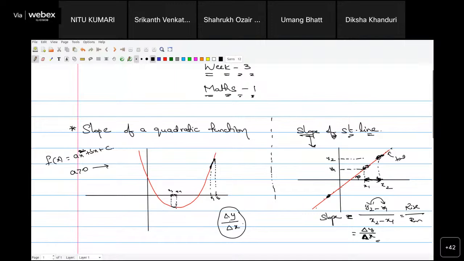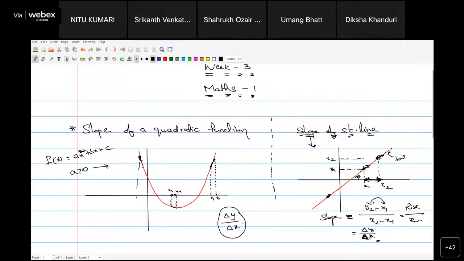So this particular delta y by delta x will change. Now this will not be a constant. So for a fixed point, this delta y by delta x will change. If I want to compute the slope of the quadratic function at this point, I will move delta x right or left of that point.